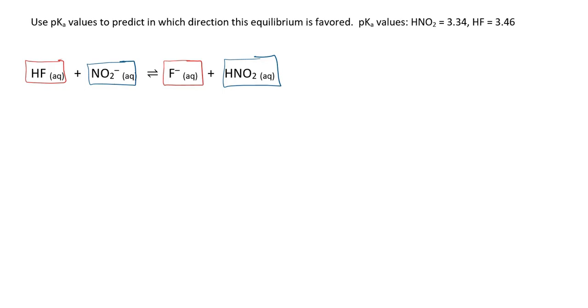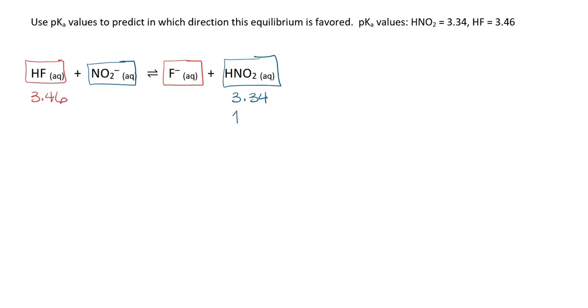The next thing I'm going to do is write the pKa value for each acid underneath the acid formula. So the pKa value for HNO2 is 3.34. So I'm going to write that right underneath the nitrous acid. And the pKa for HF is 3.46.